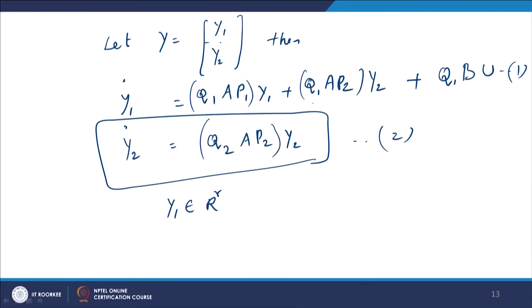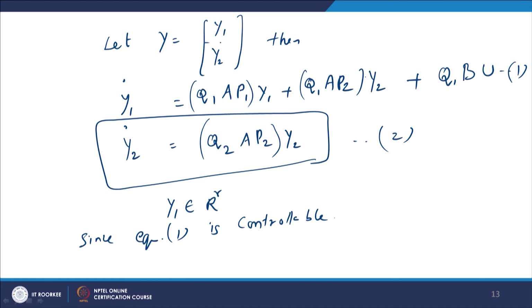Now, we can find a feedback control because the first one is controllable. So, since equation 1 is controllable, we can assume that y2 is a known quantity, we can easily solve this differential equation 2 and then substitute the value of y2 in the first equation.